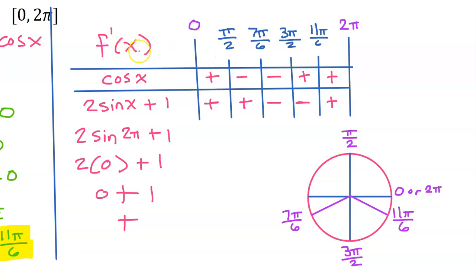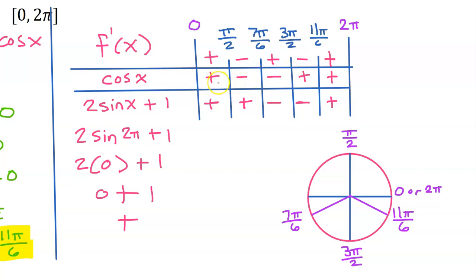Now, what about the overall value of f prime? A positive times a positive is a positive. A negative times a positive is a negative. Negative times a negative is a positive. And a positive times a negative is a negative. Positive times a positive is a positive.